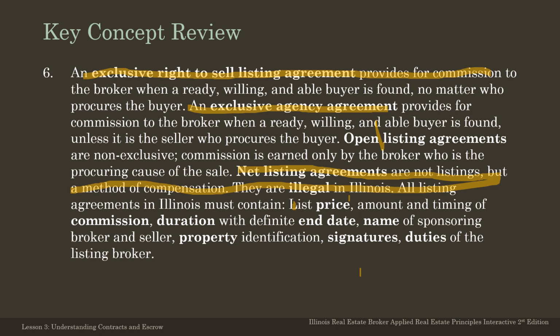They are legal, they're just not recommended. It can lead too much to where a broker might deceive a seller who doesn't really know the true value of their property, and maybe it ends up selling for a lot more than what they wanted to net, and then the broker gets an outrageous commission on that. So not recommended.